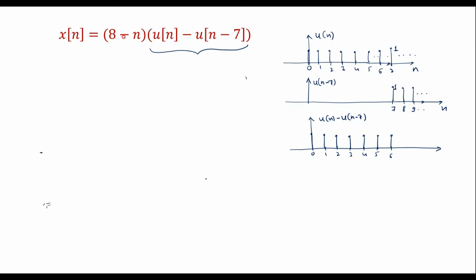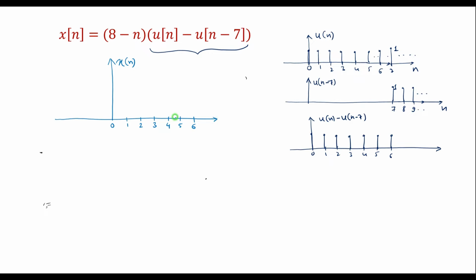Now let's see what is 8 minus n. Now we can say that x of n exists only for 0 to 6. So now let me draw x of n signal. Say x of n, let this be n equal to 0, 1, 2, 3, 4, 5 and 6.